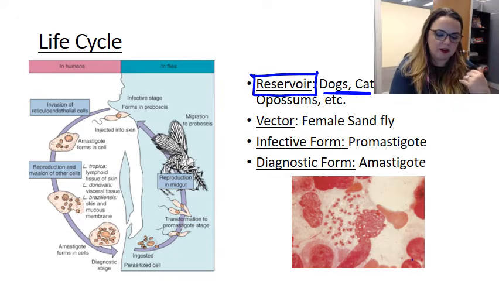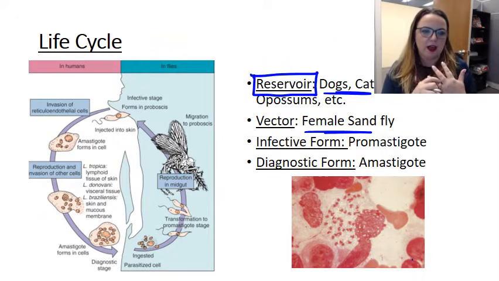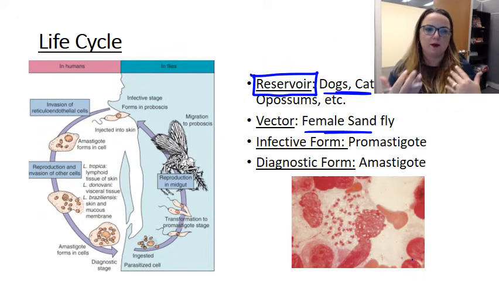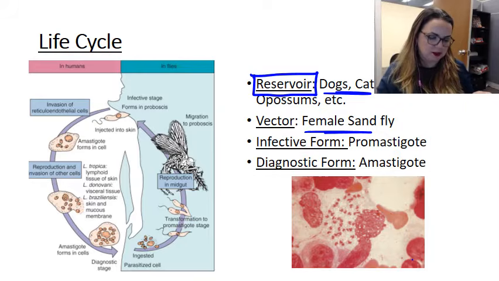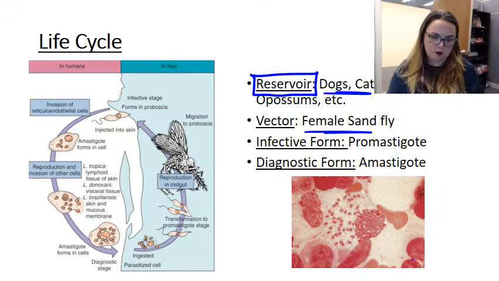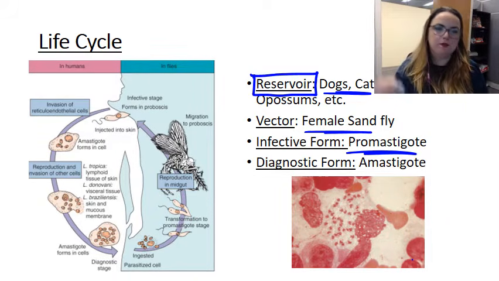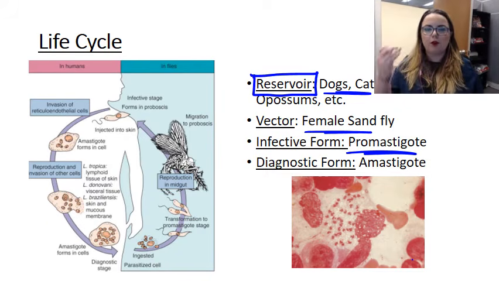I already mentioned the vector before. There's the female sandfly. Basically a bite from an infected female sandfly will be enough to develop disease. And that's pretty much what happens. So we have an infective form. The infective form is the promastigote.